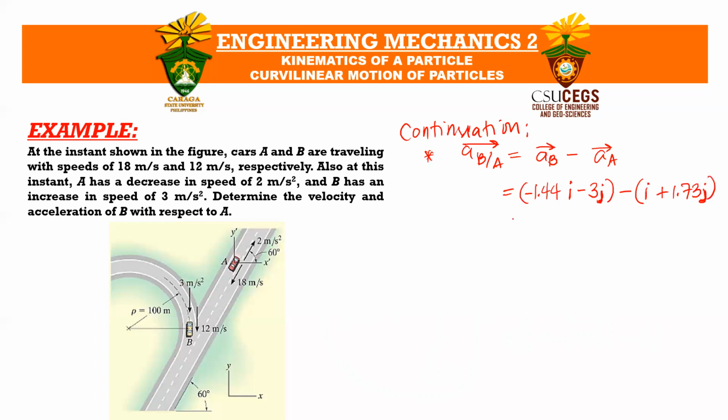We distribute the negative, so that becomes negative 1.44i minus 3j minus i minus 1.73j.